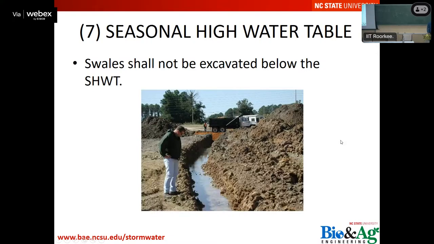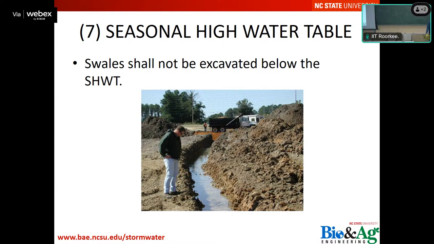Okay, the high water table. If you're designing a standard swale, you do not want to hit your seasonally high water table. But what swale would be perfectly fine if you hit a seasonally high water table? What would you guess? There is a type of swale, the wetland swale. That's exactly right.